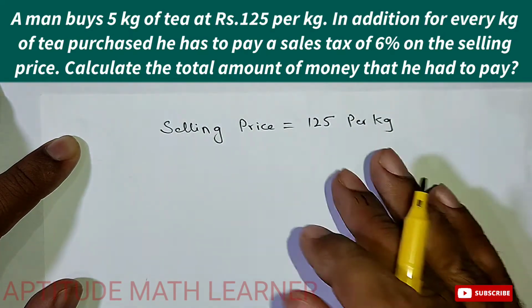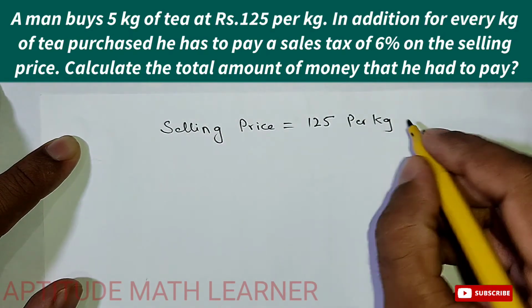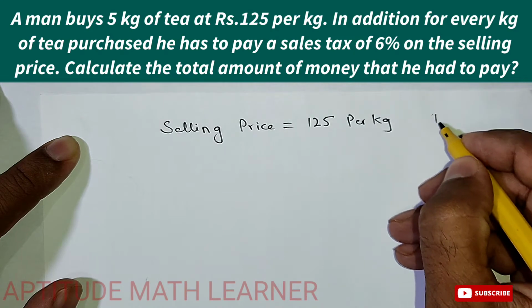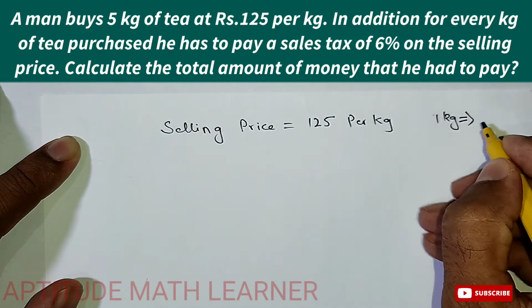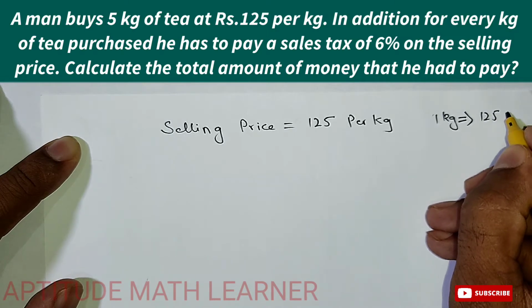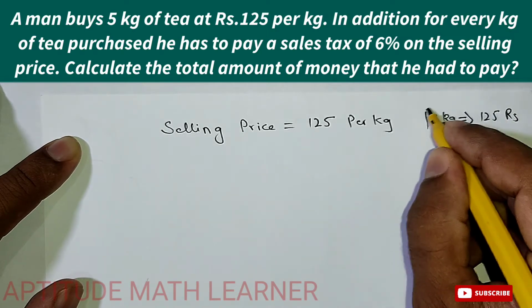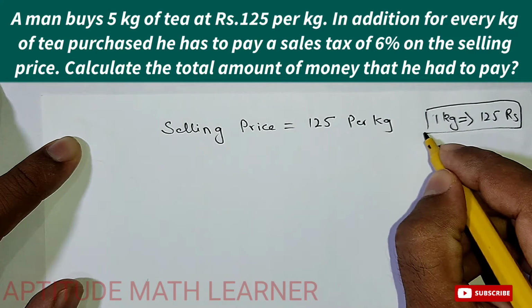So for 1 kilogram, that means 1 kg of tea, that is 125 rupees. So this is for 1 kg.